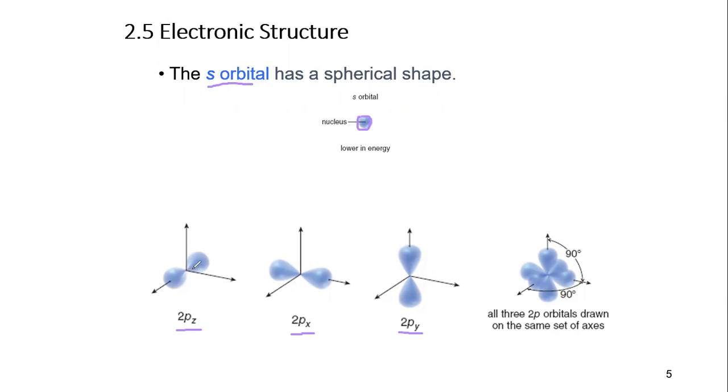Since you can orient this bow tie in 3 directions, that's why the p subshell has 3 orbitals, because they're all oriented 90 degrees apart from one another. When you put them all together, it looks like this on the far right. So you can imagine with the d subshell, which has 5 orbitals, it's going to have 5 different shapes for each of the different orbitals.